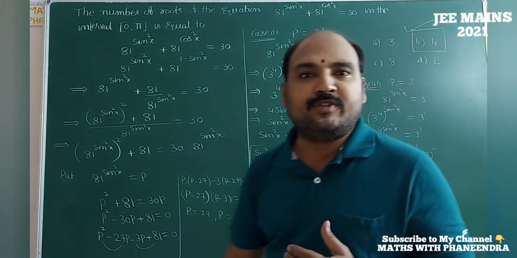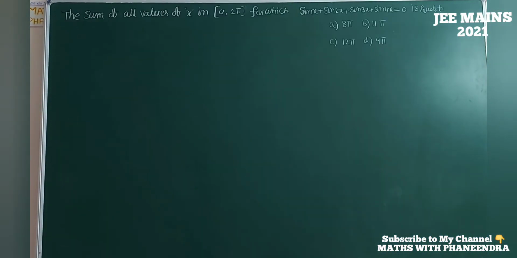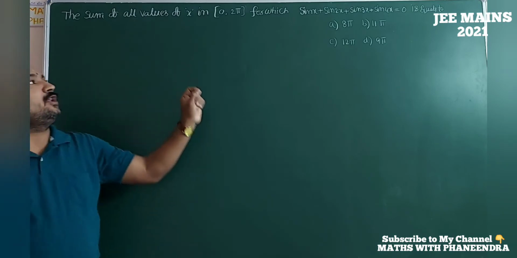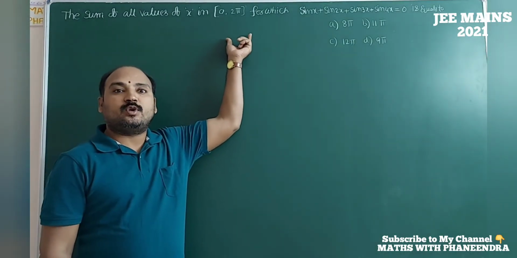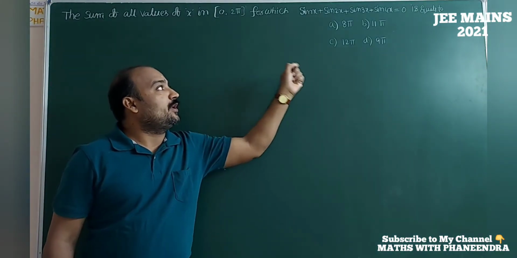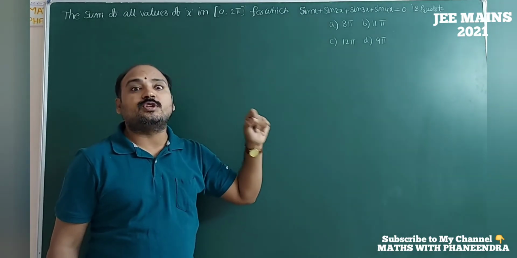We'll move on to the next question. The sum of all values of x in the closed interval of 0 comma 2 pi for which sin x plus sin 2x plus sin 3x plus sin 4x is equal to 0.